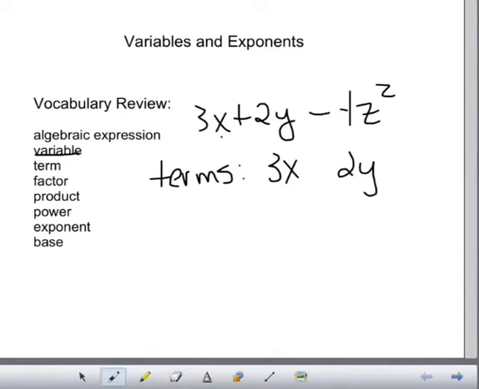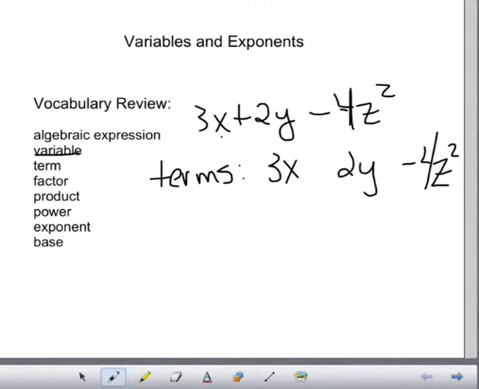I'm going to make that minus 4z. So that my term would be a negative, because that minus sign makes that a negative, 4z to the second power. So my terms in this one are 3x, 2y, and negative 4z to the second.